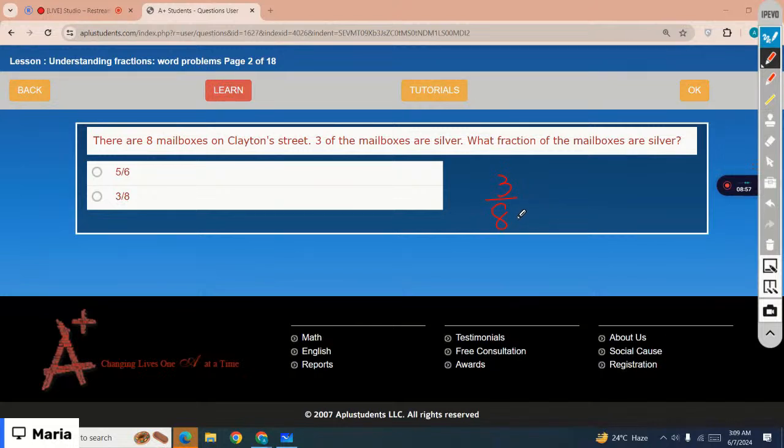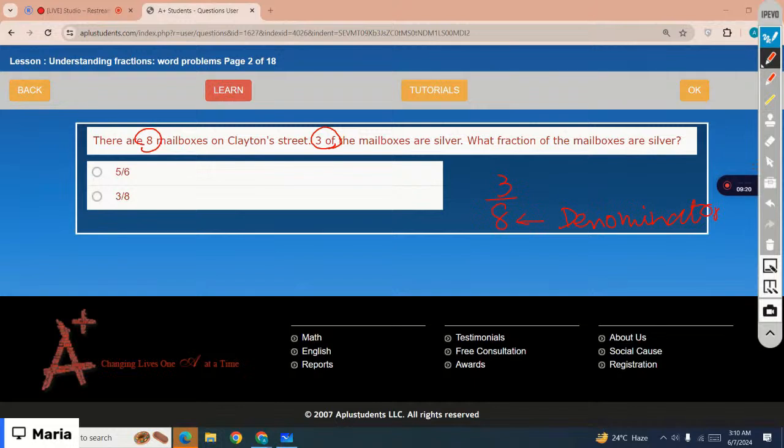You always write the greater number in the denominator. Denominator is always greater than numerator. This is 3 out of 8 because 3 of the mailboxes are silver. The total were 8. So 3 out of 8 were silver. Got it?